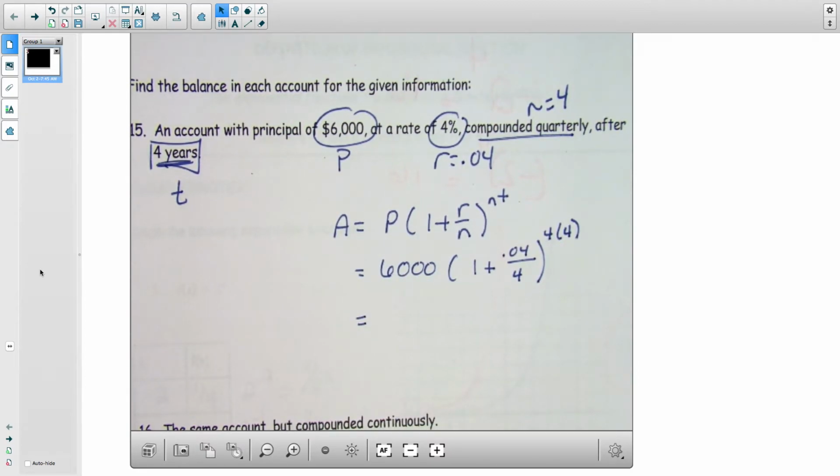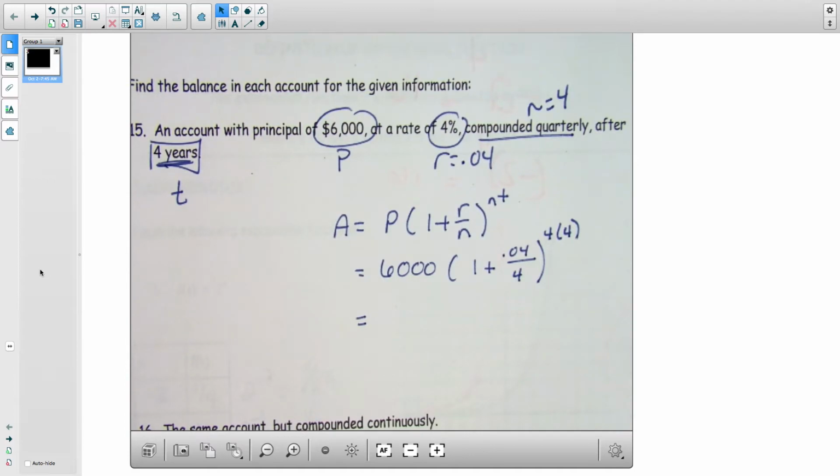Why don't you all get a calculator so you can make sure you know how to put this into your calculator? Wait, why did you say that? Why does N equal 4? Because we're compounded quarterly. So there's 12 months in a year. So every quarter, they're going to put interest on. So that's March, June, September, December.